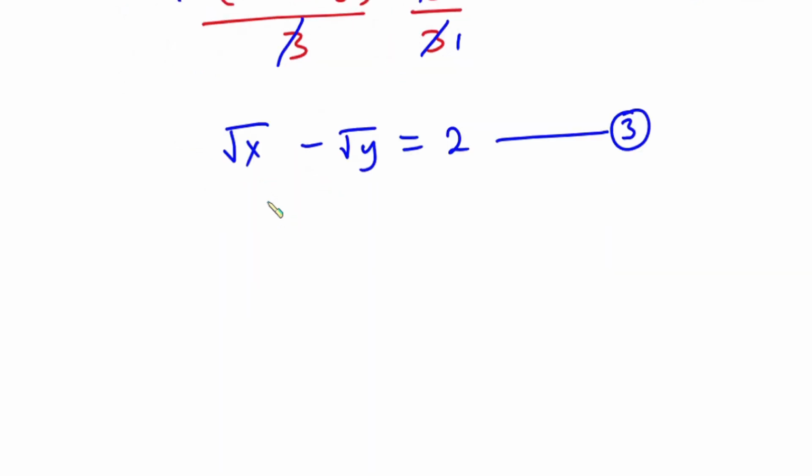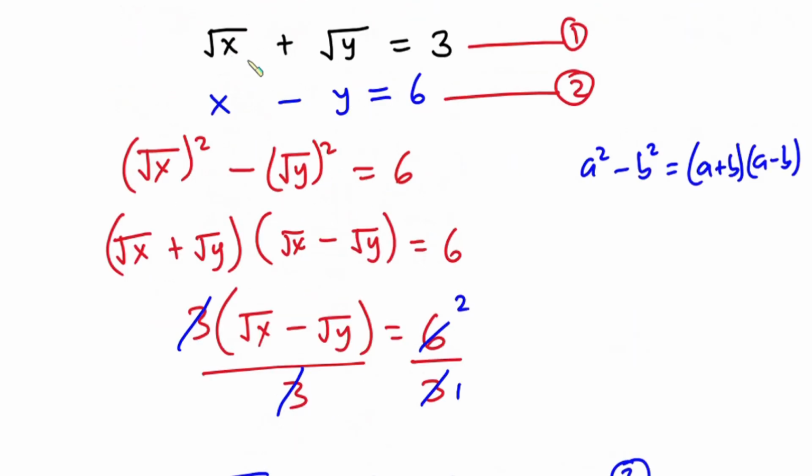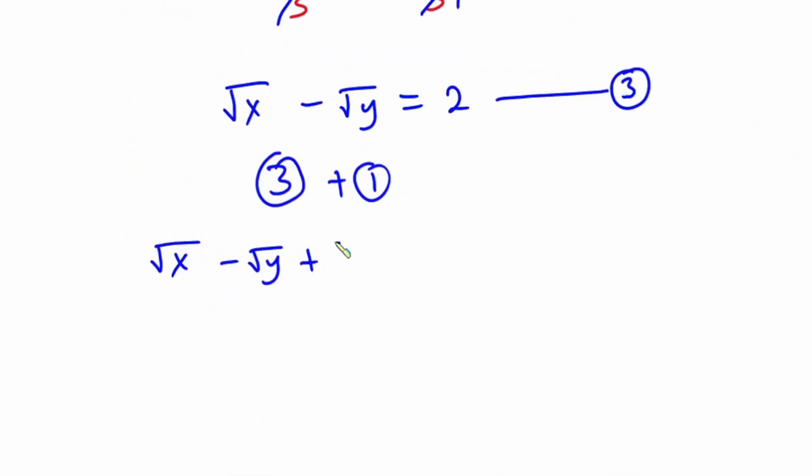Now let's go ahead and sum equation 3 and equation 1. Considering the left hand side of equation 3, we have square root of x minus square root of y, then plus, from the left hand side of equation 1, we have square root of x plus square root of y, and this is equal to 2 plus 3.